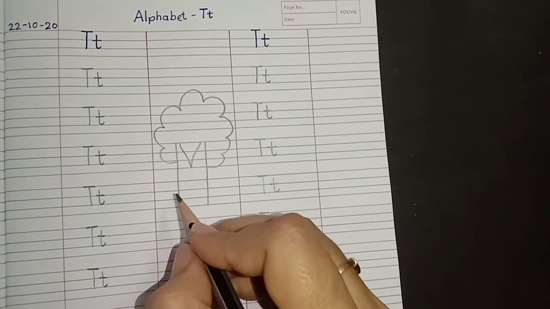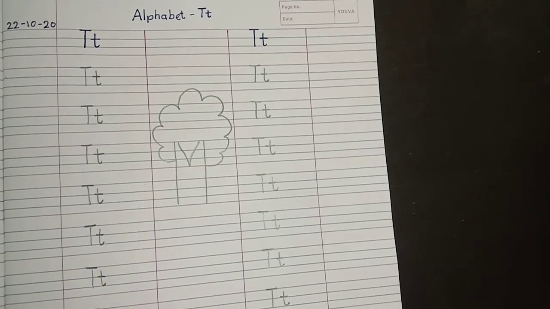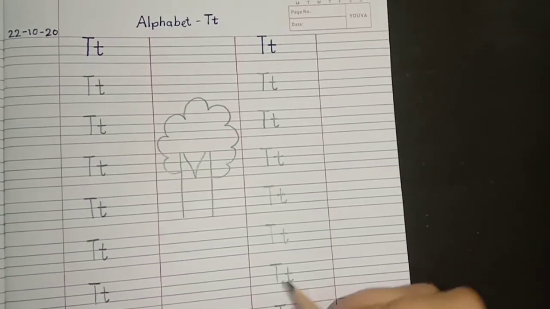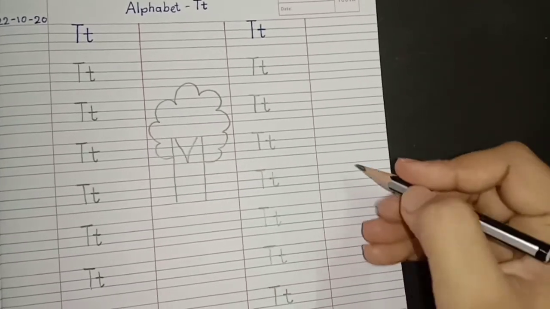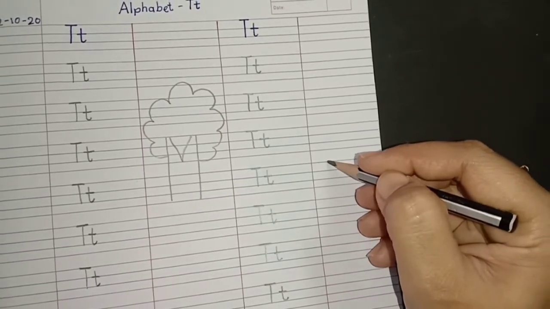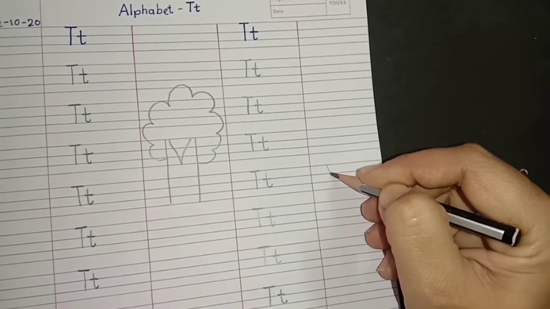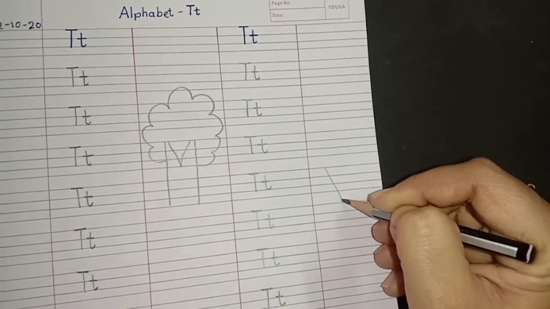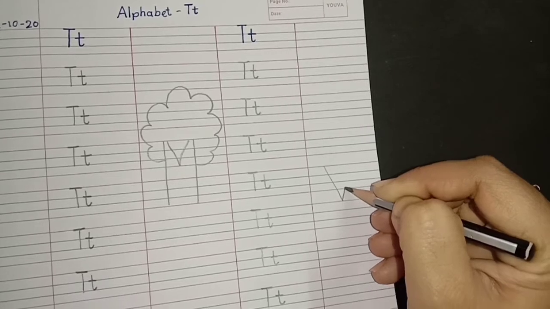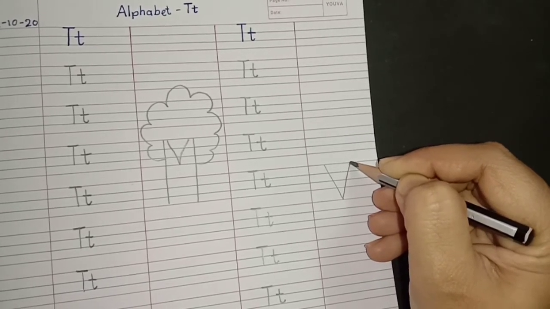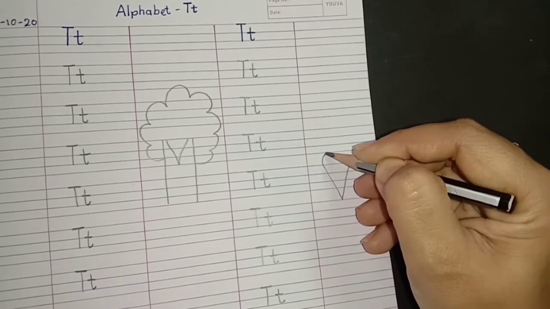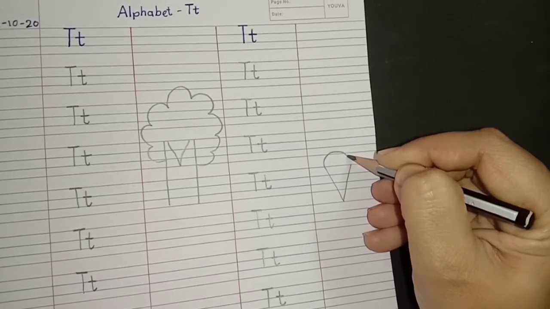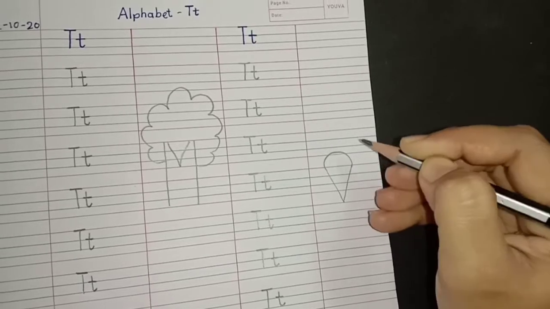So T for tree. Now kids, we will draw T for top. For that, first we will make one slant down, then slant up. Now from here we will make a curve and touch the other side.